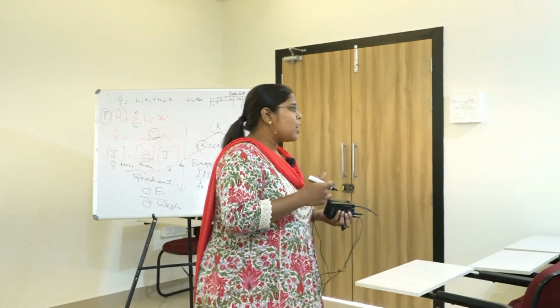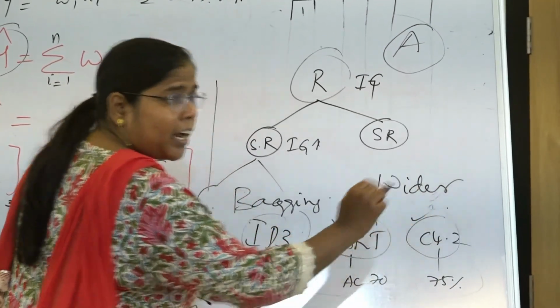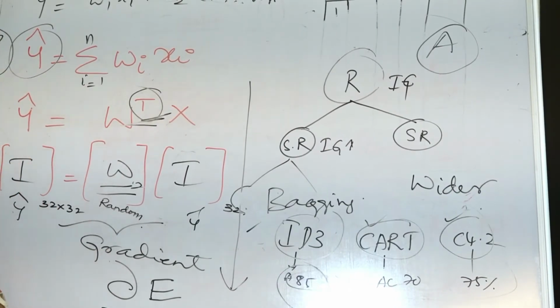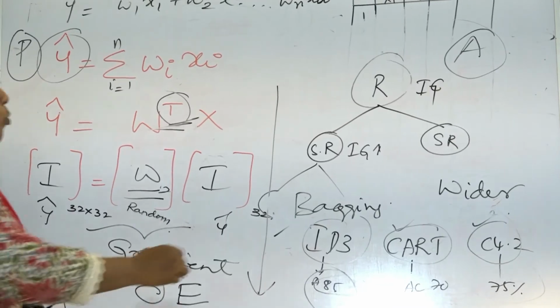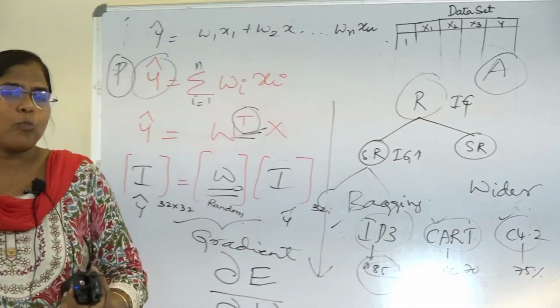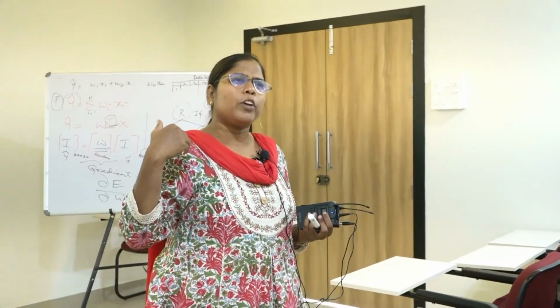Bagging runs parallelly. Parallelly it is doing its task. Whereas boosting means one after the other. Okay. Yes? Yeah, these trees we can do with our algorithm, we'll see that.